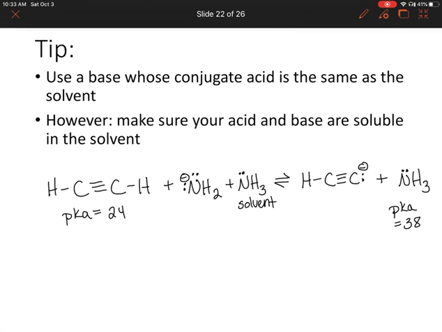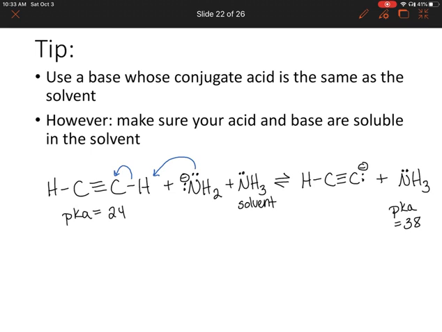Well, this will work out great because NH2 will grab onto a hydrogen from acetylene, and then we'll just form more of the solvent, ammonia. But again, you just want to make sure that the acid and the base are both soluble in the solvent.